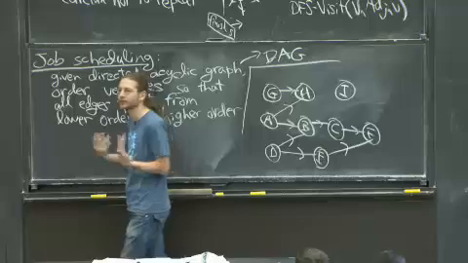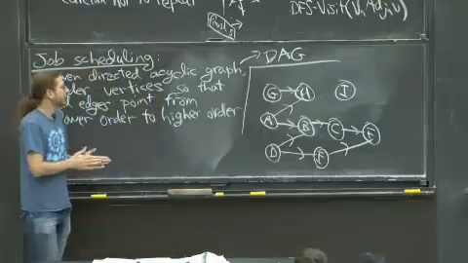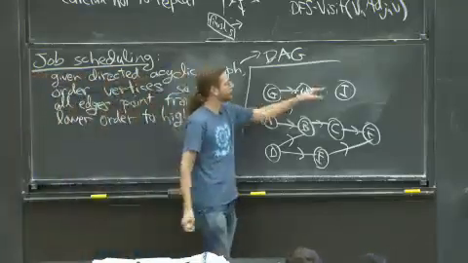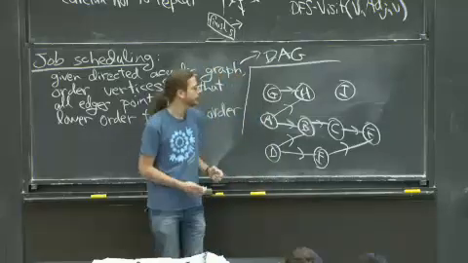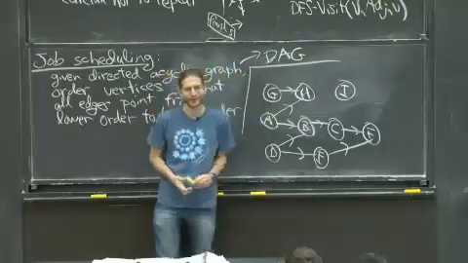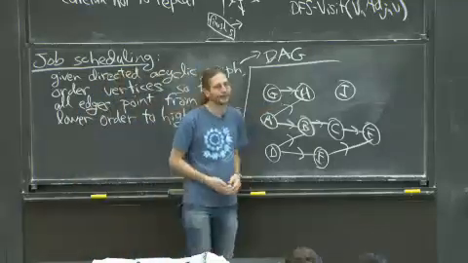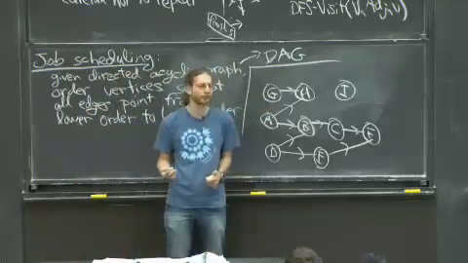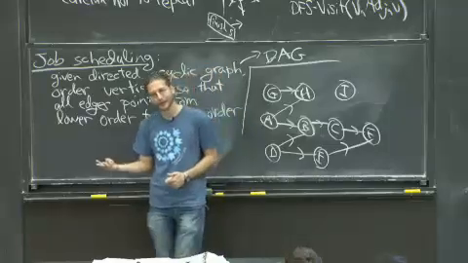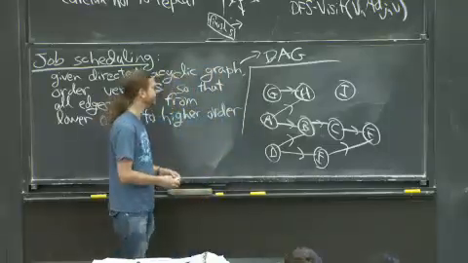But generally, you'd run DFS, and you detect there's no cycles. And now imagine these vertices represent things you need to do. The textbook has a funny example where you're getting dressed. So you have these constraints that say, well, I've got to put my socks on before I put my shoes on. And then I've got to put my underwear on before I put my pants on, and all these kinds of things.